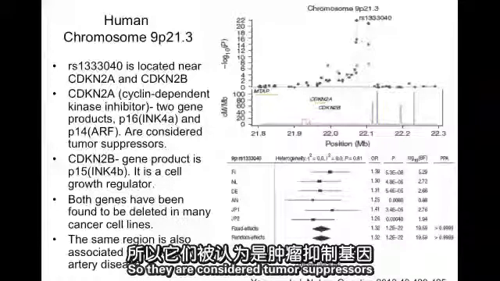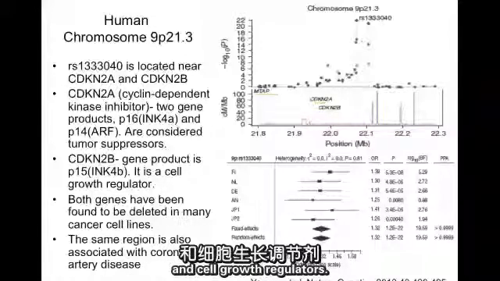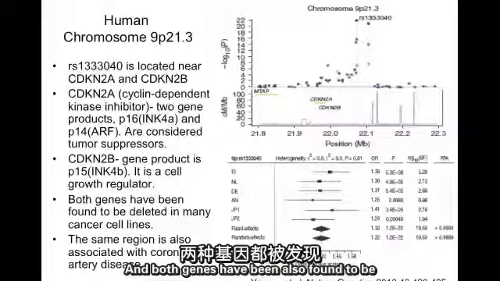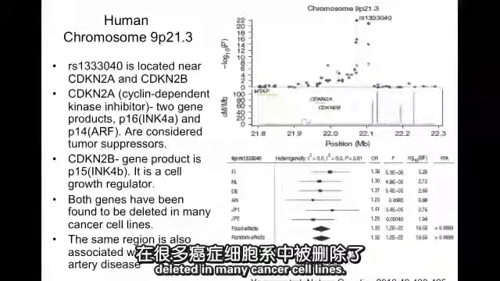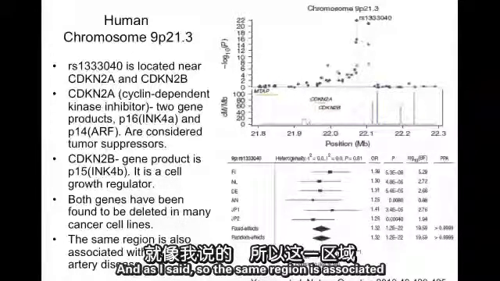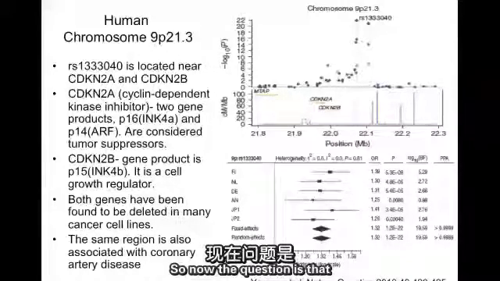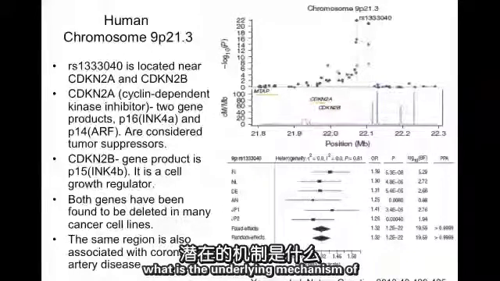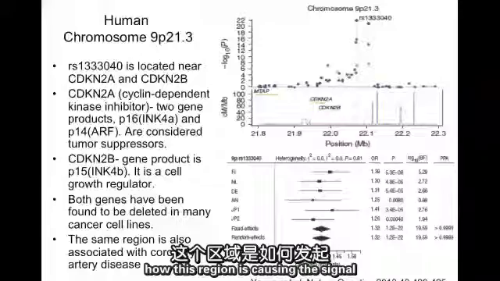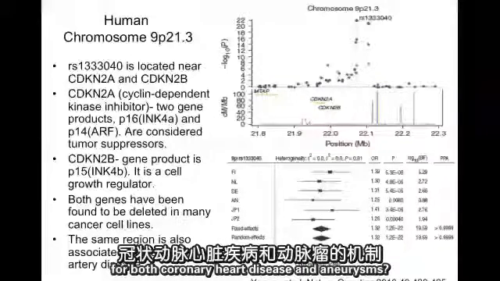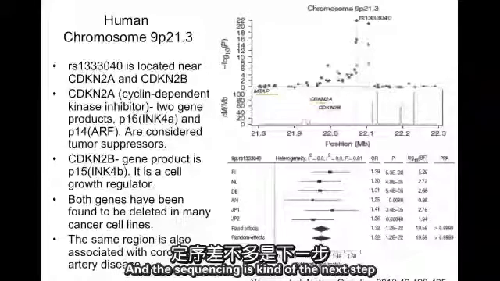They are considered tumor suppressors and cell growth regulators, and both genes have also been found to be deleted in many cancer cell lines. And as I said, the same region is associated with coronary heart disease. So now the question is what is the underlying mechanism, how this region is causing this signal for both coronary heart disease and aneurysms.